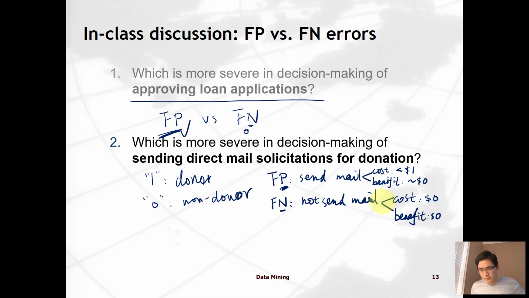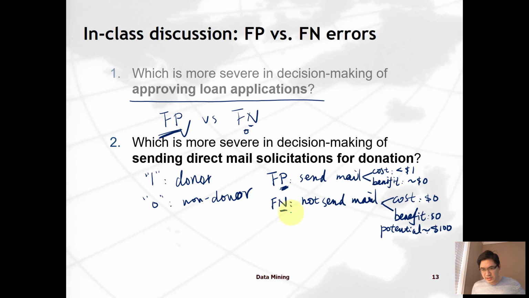However, there is potential benefit of a large donation here. It could be on the magnitude of 100 or something, or maybe even $20.